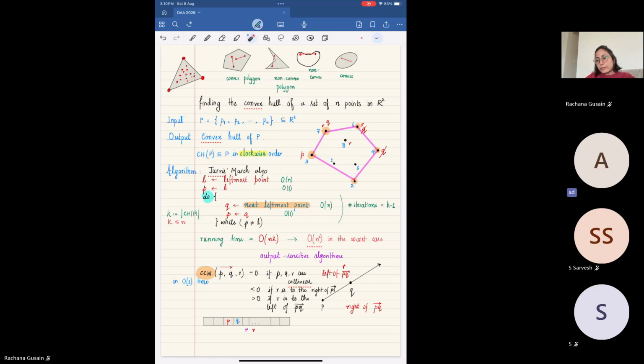So if we want to get the convex hull of this one, in this case it will be complicated because this is a non-convex polygon, right? Let's consider this example.